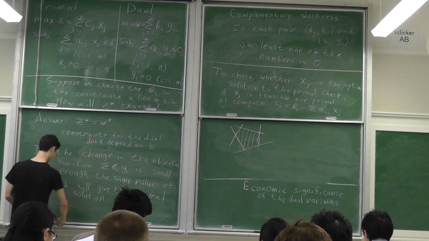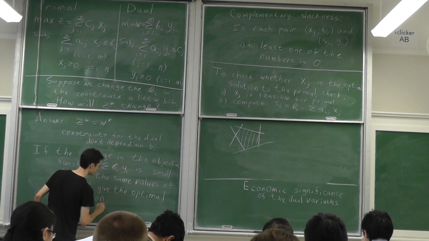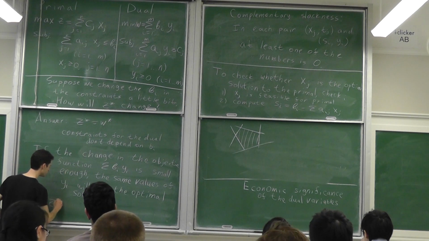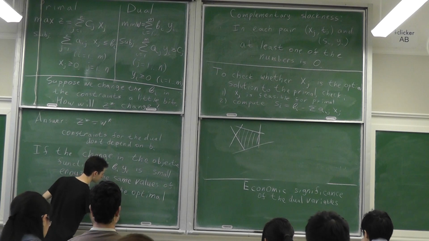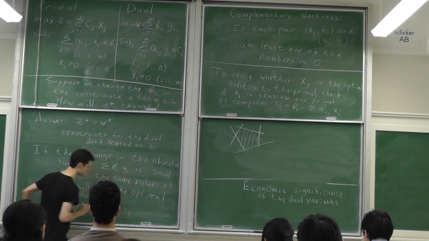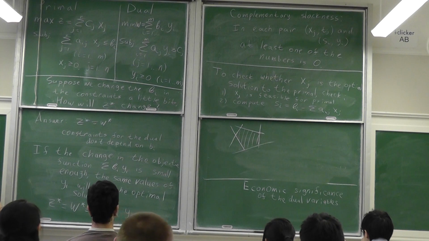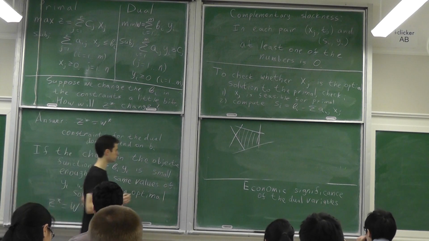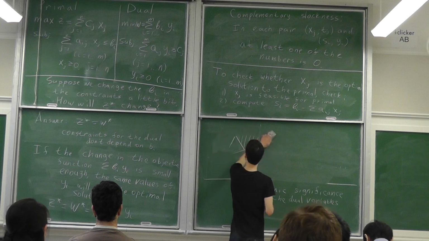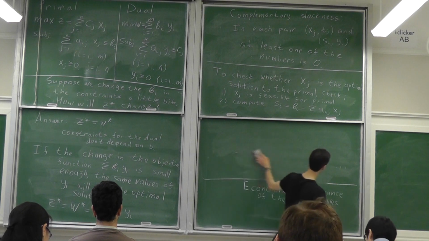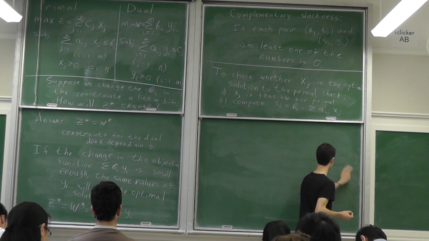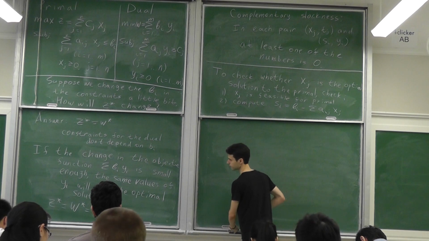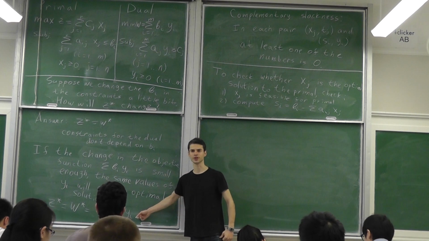But then my optimal solution, which is also optimal for the dual, is in fact the sum of bi yi. So how much did it change? Well, it's written right here.